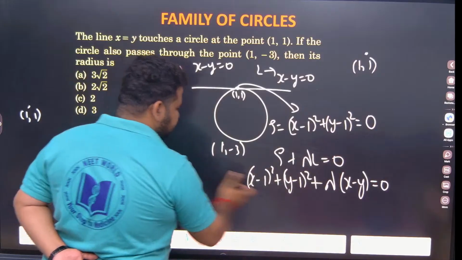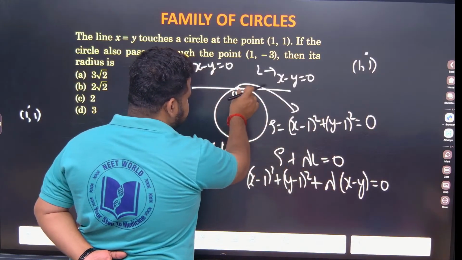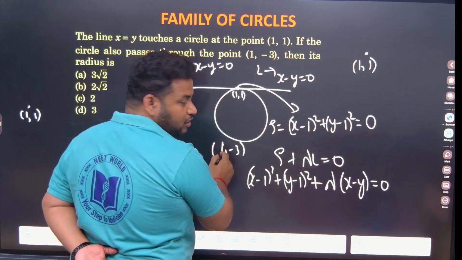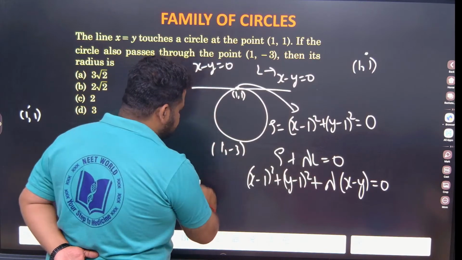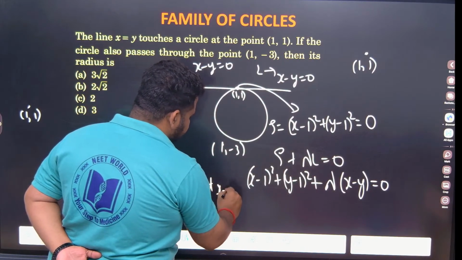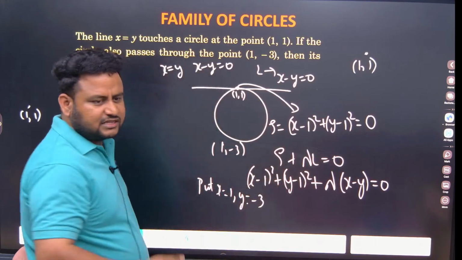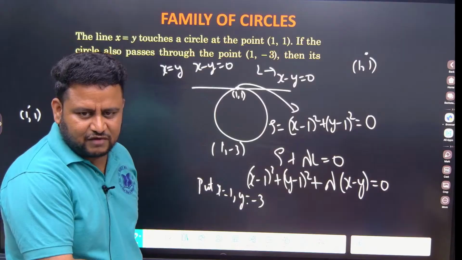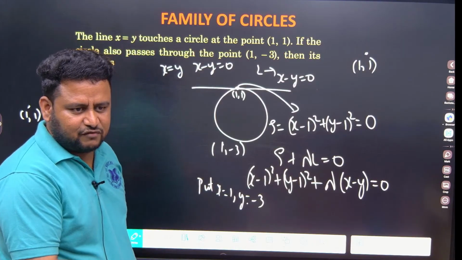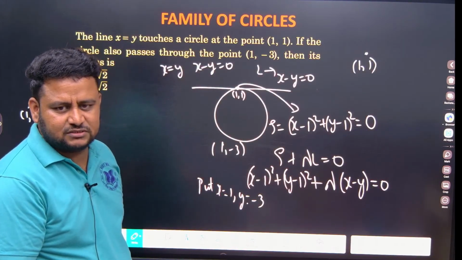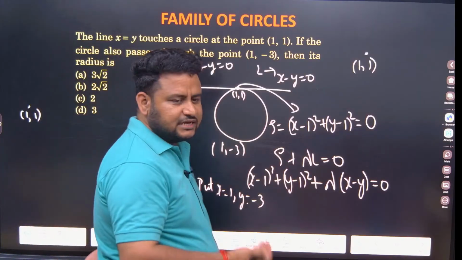Now this entire thing, the point circle and this line, passes through 1 comma minus 3. Now put x is equal to 1 and y is equal to minus 3 here. What will you get? You will get the value of lambda. Using that you can find the value of the radius very easily because you will get the equation of the circle.